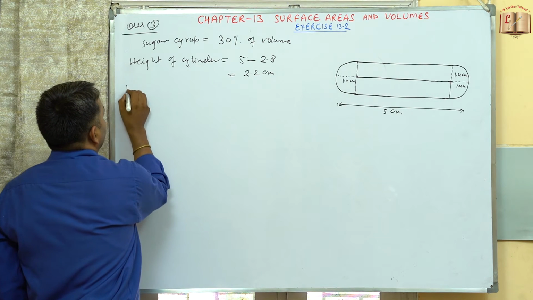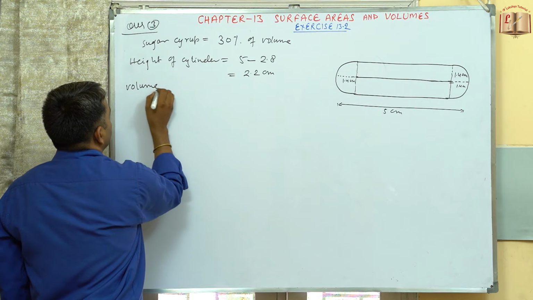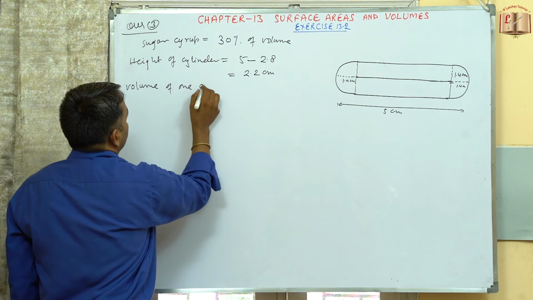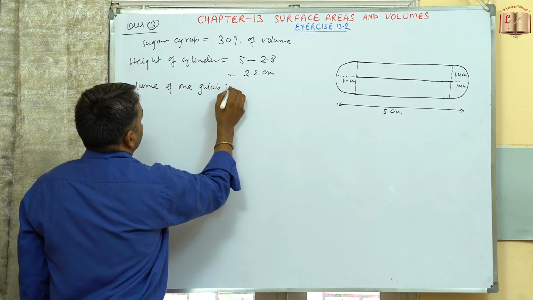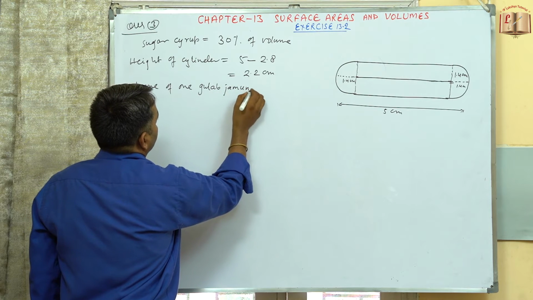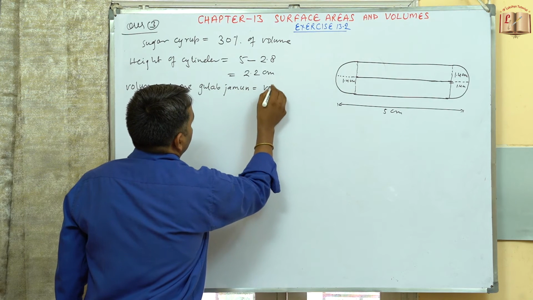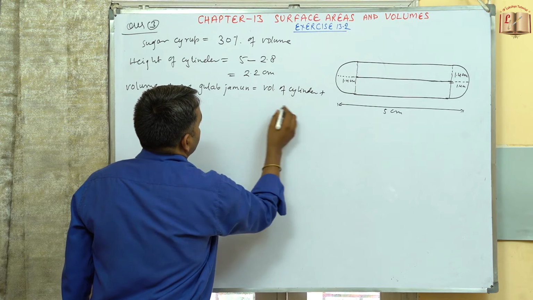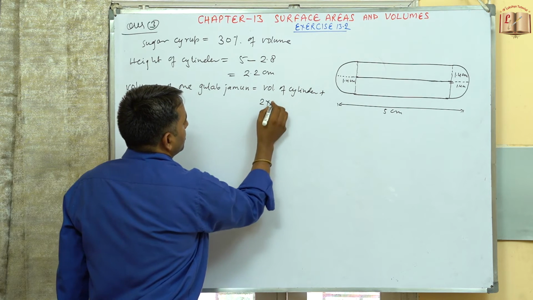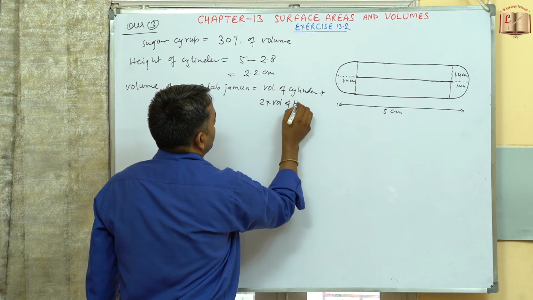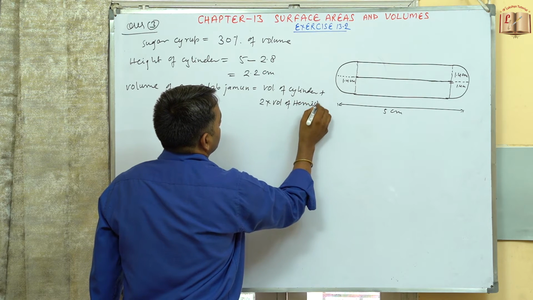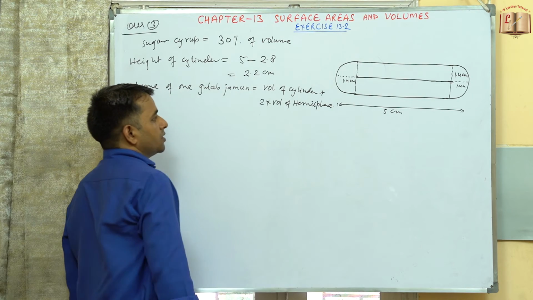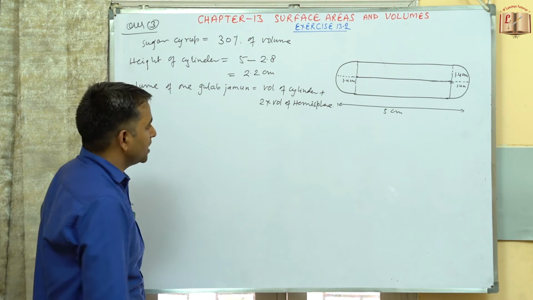Now we can find out the volume. So the volume of one gulab jamun will be equal to the volume of the cylinder plus 2 into the volume of hemispheres. So this is 2 into the volume of one hemisphere.